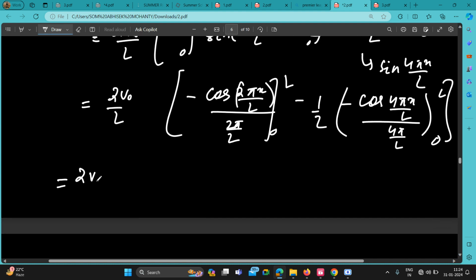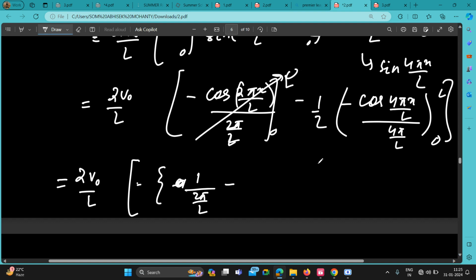So 2 V naught by L, minus is there. So cos 2 pi is 1, divided by 2 pi by L, minus cos 0 is also 1. So this one will become 0.